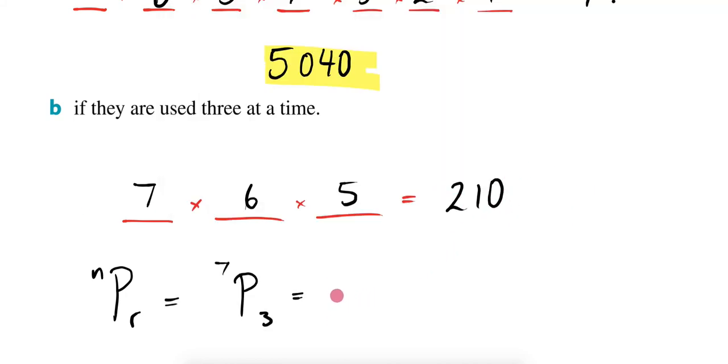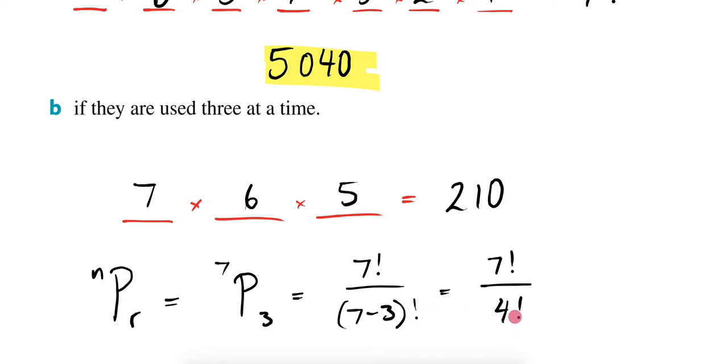But let's also remember what this means. This means 7 factorial over 7 minus 3 factorial. So 7 factorial over 4 factorial. Hopefully you also know how to put that into your calculator.